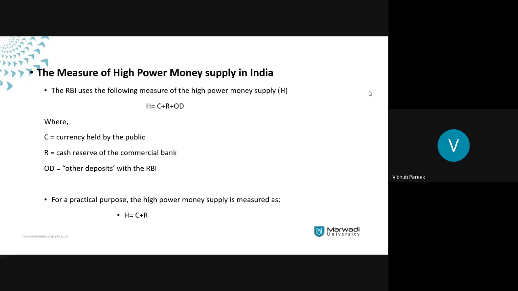So what we will do is, just for the sake of practical purposes, we'll measure the high power. Just give me 2 seconds.